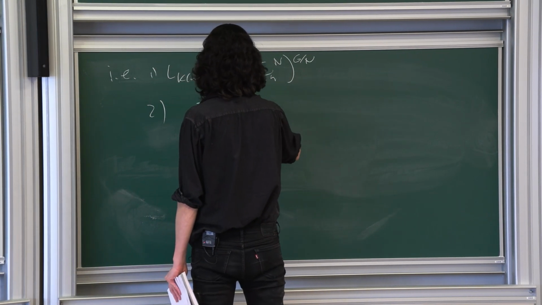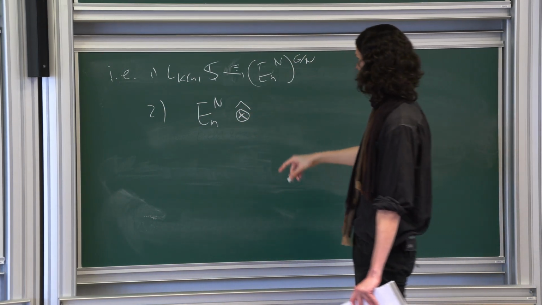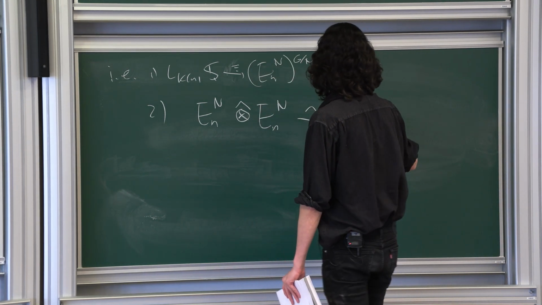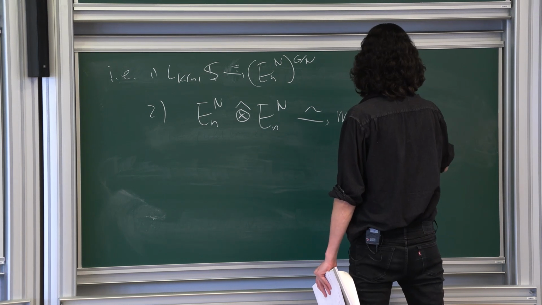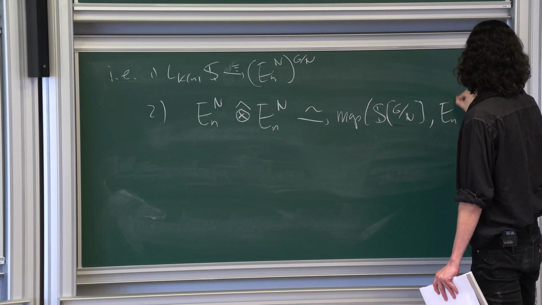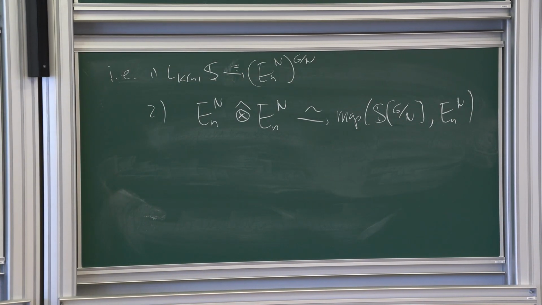That if you take this and you tensor in the completed sense, so you apply this completion functor after tensoring with itself, then this is the same thing as maps from this finite set into En. So when you have a Galois extension of commutative rings like A to B, then when you form B tensor over A with B, that just becomes a product of copies of B. And it's the same story here.